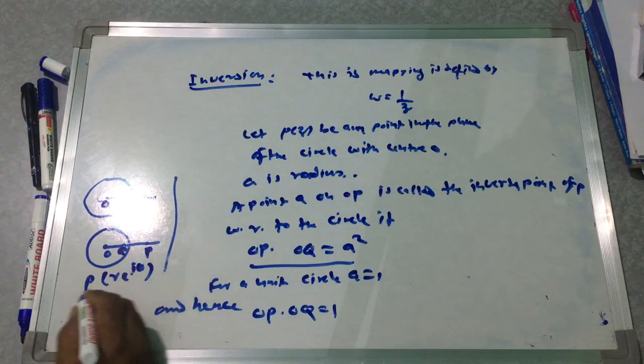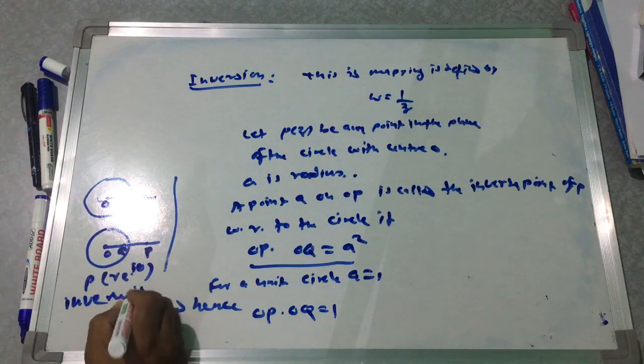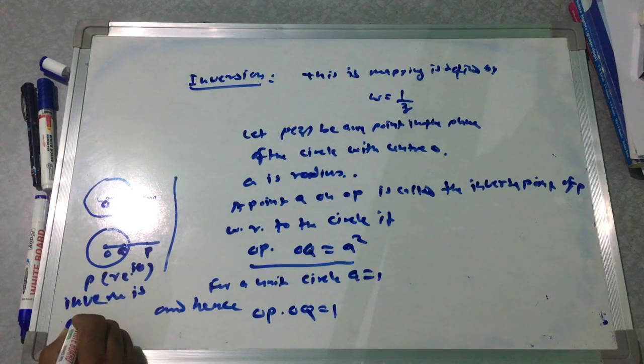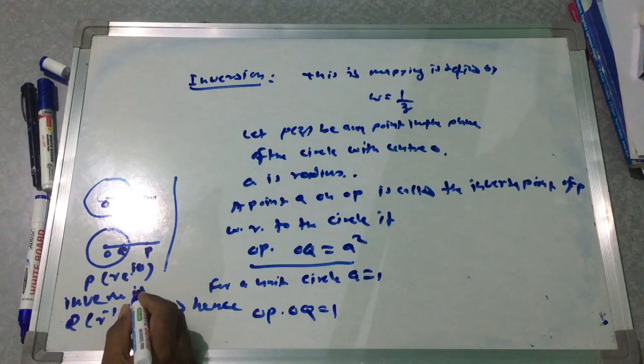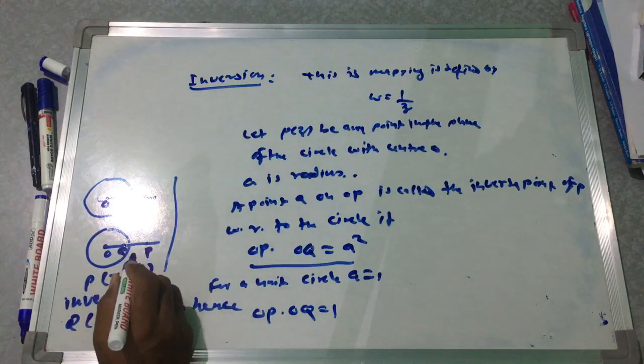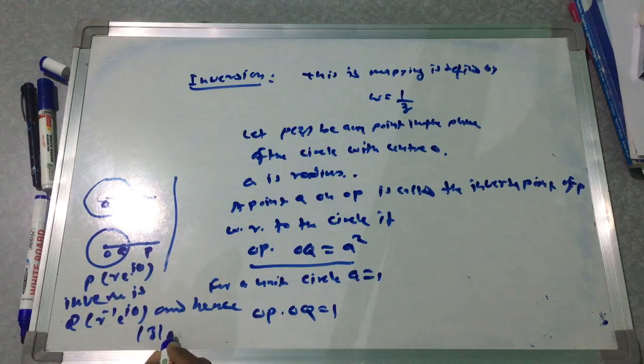Then the inverse Q is R inverse e to the power i theta. It is relative to the unit circle, mod of z is equal to 1.